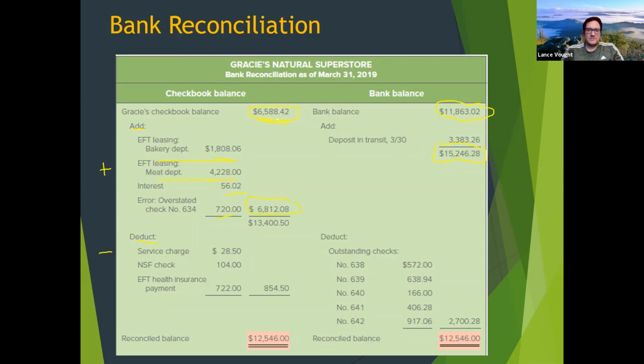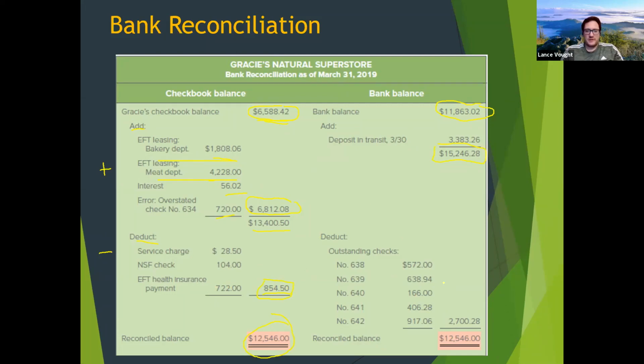And so you add the 6,588 to the 6,812, you're at 13,400. And then you're like, oh, but I have these charges: subtract 2,850, subtract 104, subtract 722. So then you give away 854.50, and so you should expect it to be at 12,546.